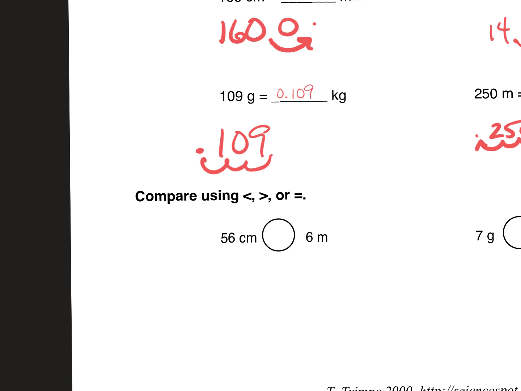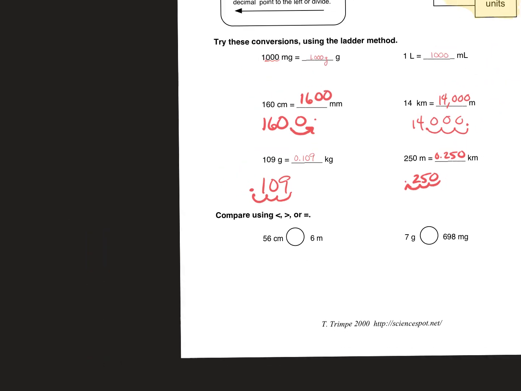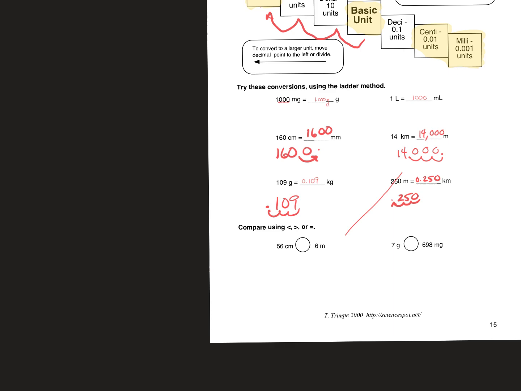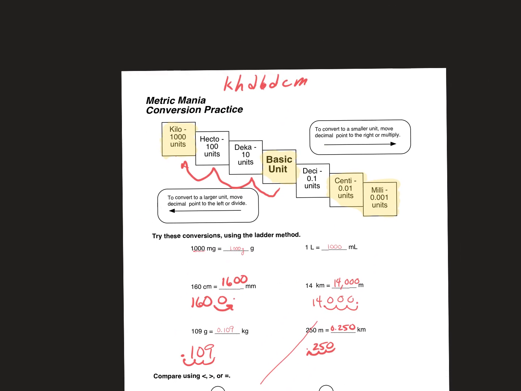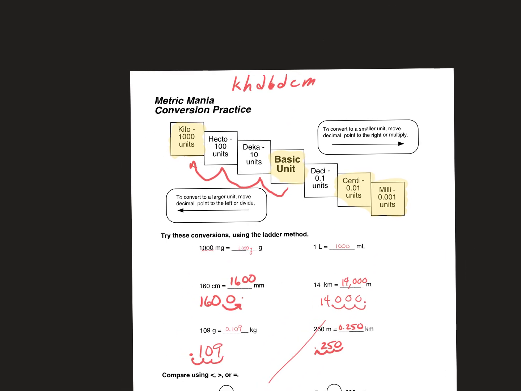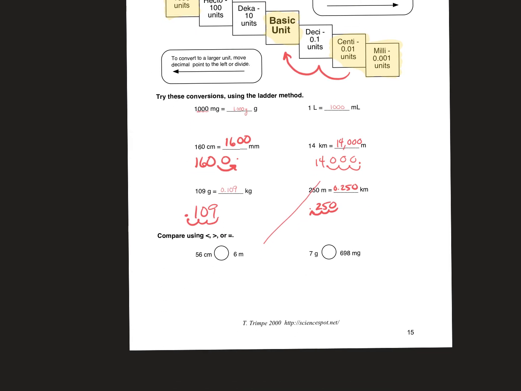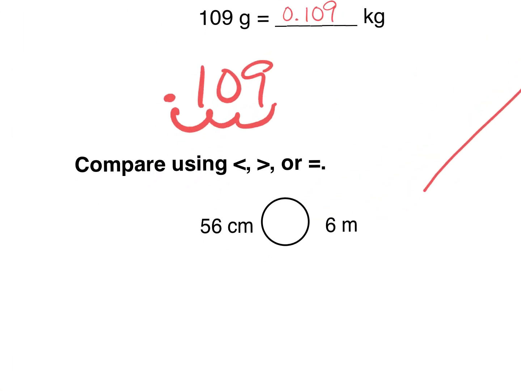If you look at our chart, we're going from centimeters to meters. That is going to be a jump of 1, 2 spaces to the left. That's going to be 0.56 meters versus 6 meters.